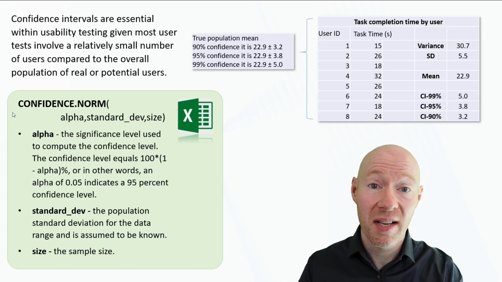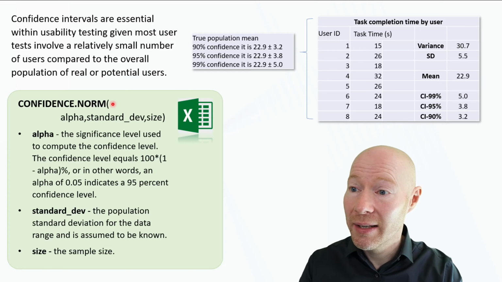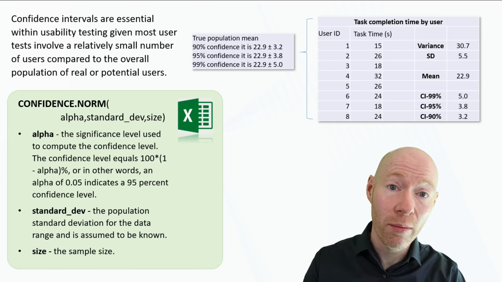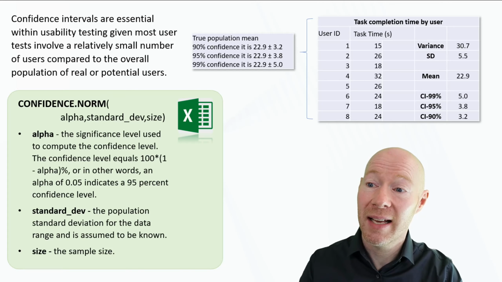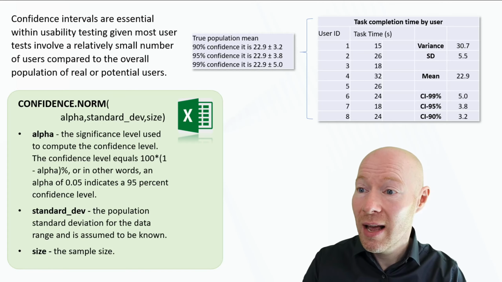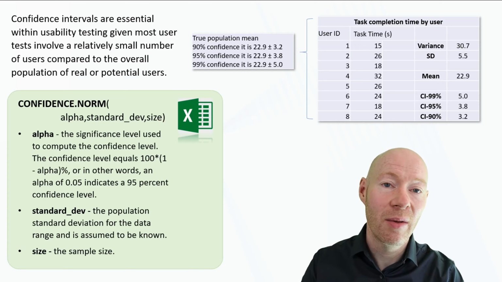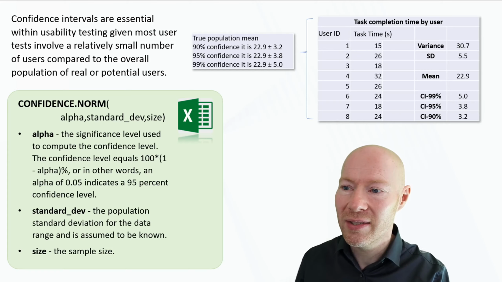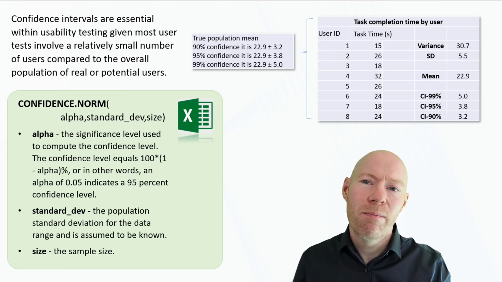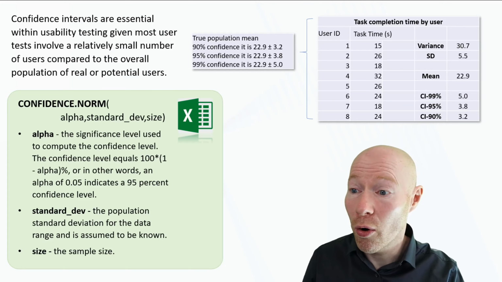As we said, we'll use Excel for calculating all of these different values, and Excel has a confidence.norm function, which is the one we want to look at here. It takes in 3 parameters: the alpha value, the standard deviation, and the population size. So alpha was the other thing we talked about here. This is the probability, the chance that we may be wrong.